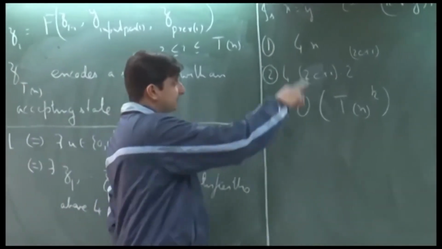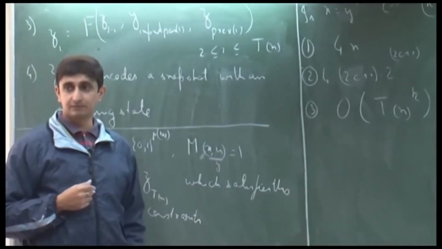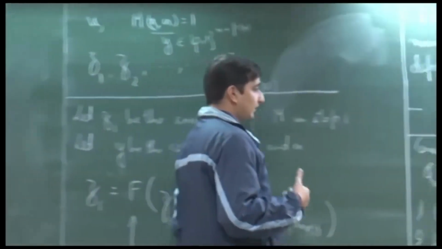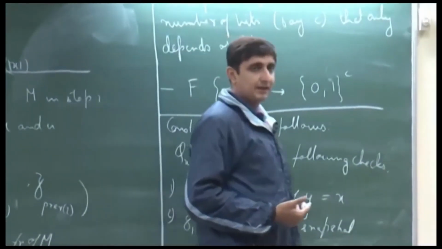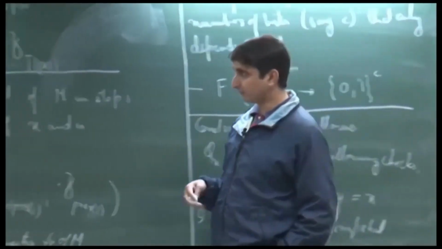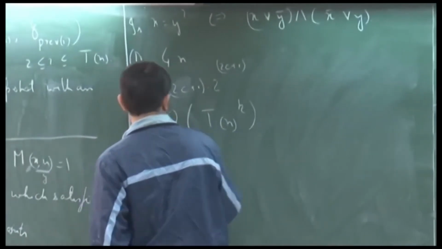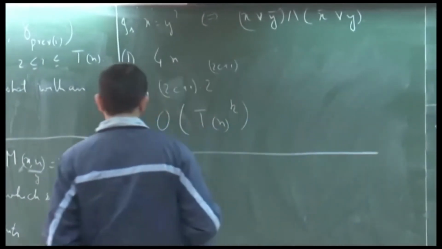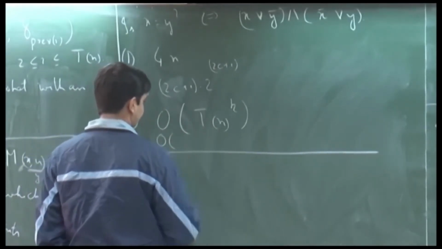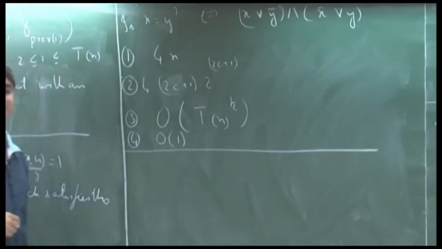So, now your final CNF formula is just an AND of all these 4 formulas. Okay. And as you can see, this can be constructed in polynomial time as well as it has polynomial size. Okay.